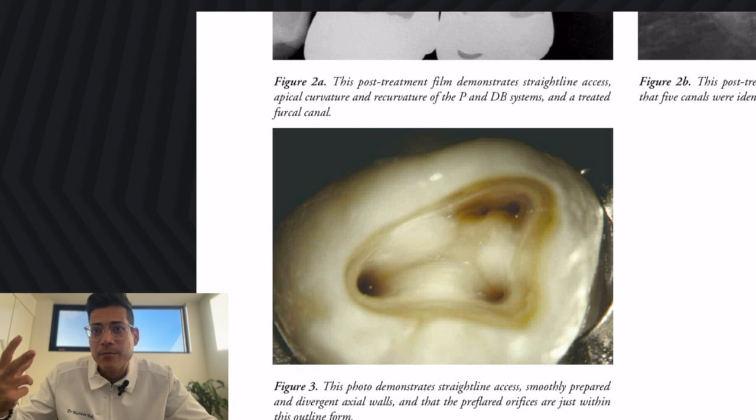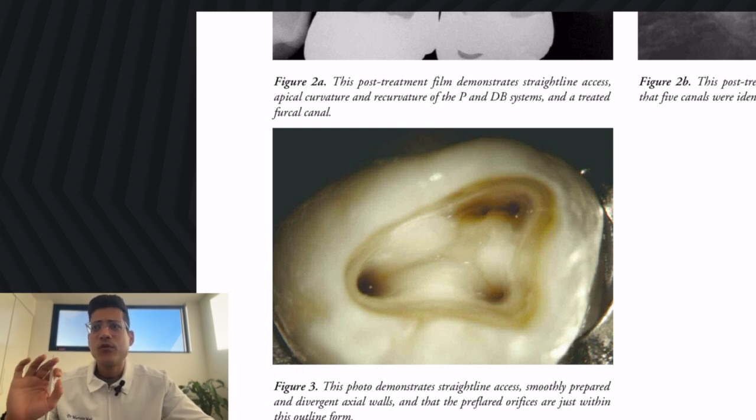Number two, which is again important, is you should be following the straight line axis law, and you should be following, which is the most important, do not leave any roof. And I always talk about this: whenever you are in doubt in crown prep and endo, you should always remove more.